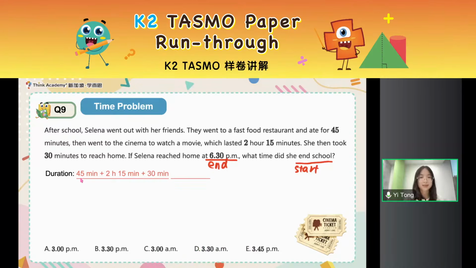So see, 45 minutes plus 2 hours, 15 minutes. Now, hour and hour go together, minutes and minutes go together. 45 minutes plus 15 minutes. That's how many? All right, so that is 60 minutes, and that is 1 hour.